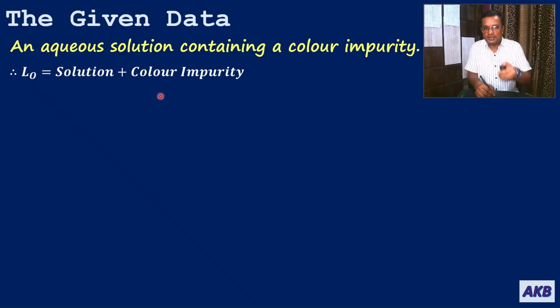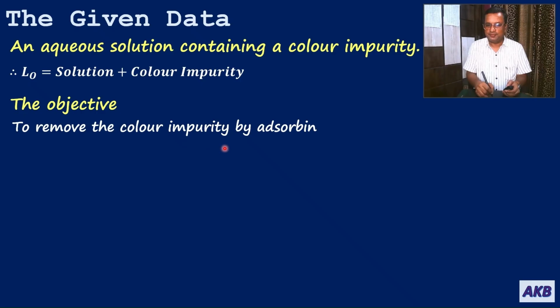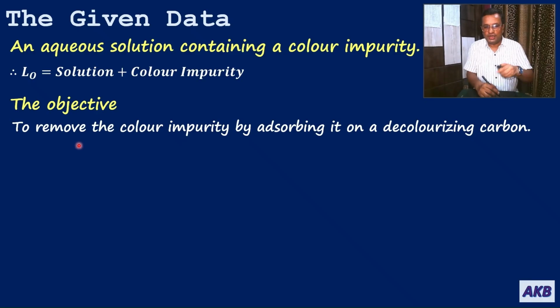So you need to understand this. The objective is to remove the color impurity. How are you going to remove it? By adsorbing it on a decolorizing carbon. So our objective is to remove or to reduce the concentration of color impurity by adsorbing the color impurity on a decolorizing carbon. So in this case, the adsorbent is decolorizing carbon.